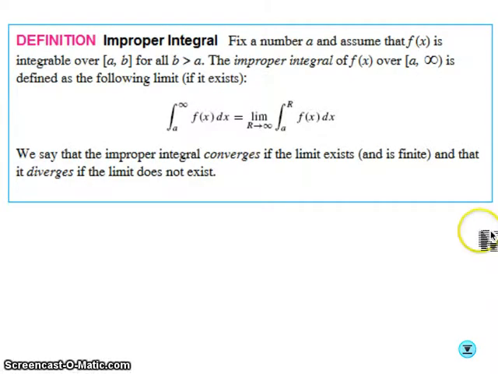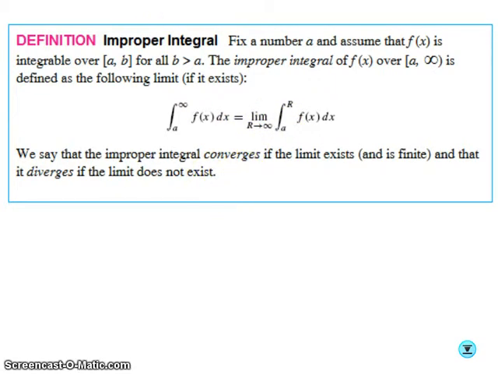What is the definition of an improper integral? Well, here it is. Fix a number a and assume that f of x is integrable over a to b, for b greater than a. The improper integral of f of x from a to infinity is defined by the following limit, if it exists. So we have to set it up as a limit.